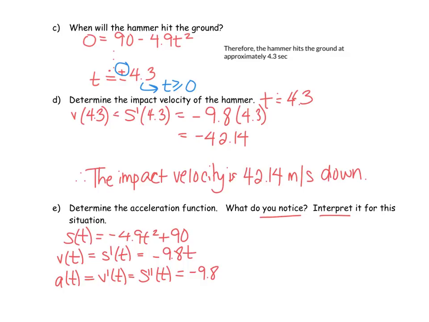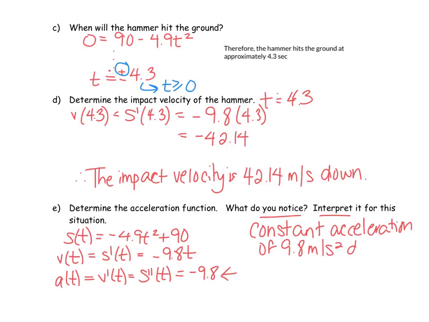So our acceleration ends up being a constant. So we say that we have a constant acceleration of 9.8 meters per second squared down.